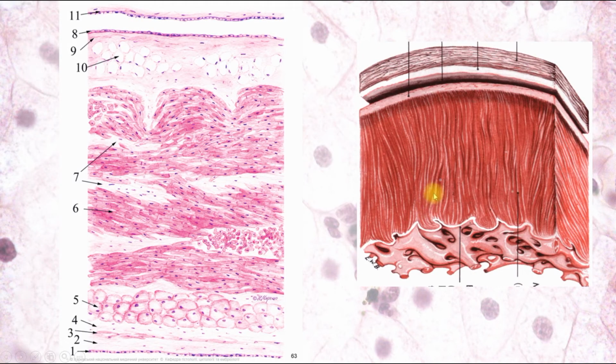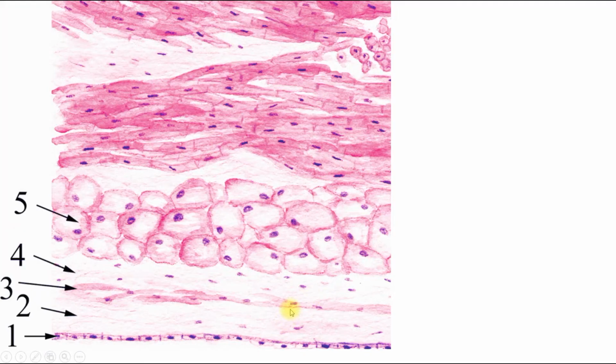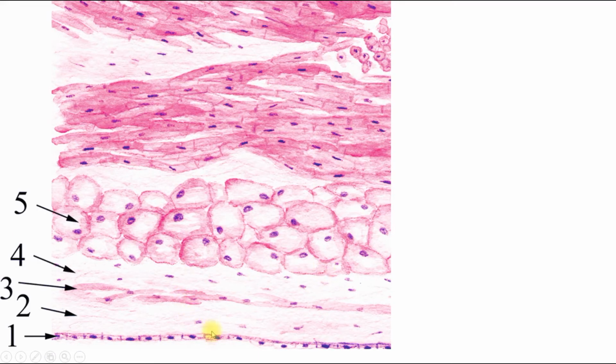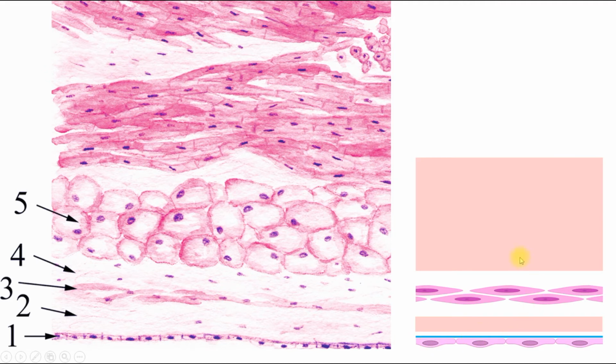And let's discuss the structure of the heart step by step. So here we can see endocardium, the innermost layer. Under this endocardium we have myocardium, then epicardium or visceral layer of pericardium, and parietal layer of pericardium or heart bag. And between them there is a cavity, the gap of the pericardial bag. And let's begin from endocardium. This diagram shows us the structure of endocardium.